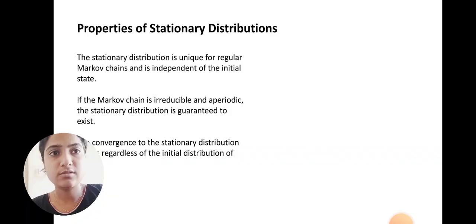The convergence to the stationary distribution occurs regardless of the initial distribution of the chain.